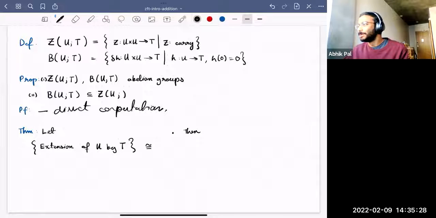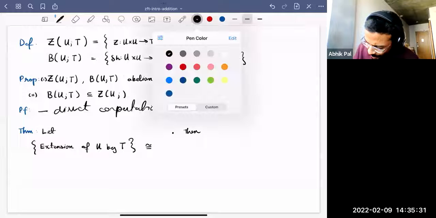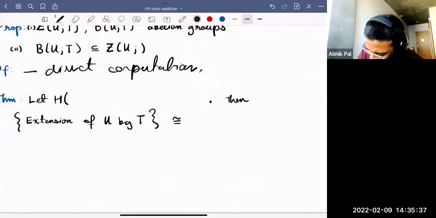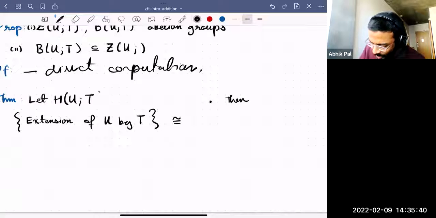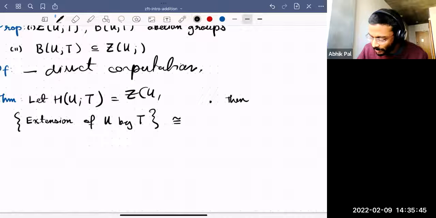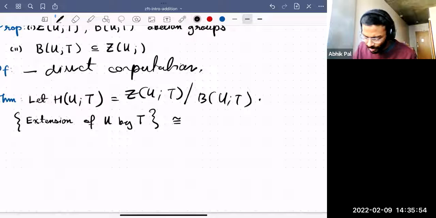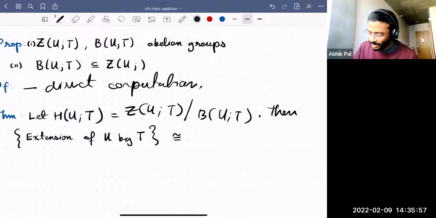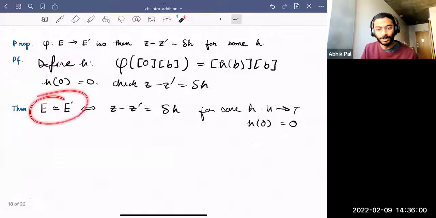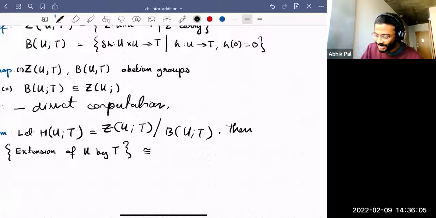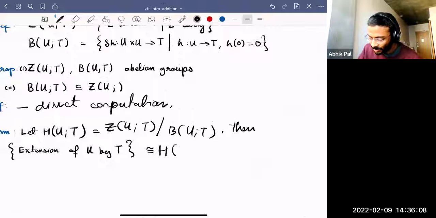Computation. Now, since I see a Z and a B, maybe it is fair to call their quotient H. So H of U comma T, I would let this be the group Z of U comma T mod out by B of U comma T. If this is the case, then our earlier criterion of two extensions being isomorphic is the same as saying that any extension is essentially characterized by this group.